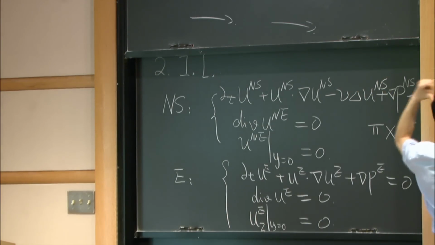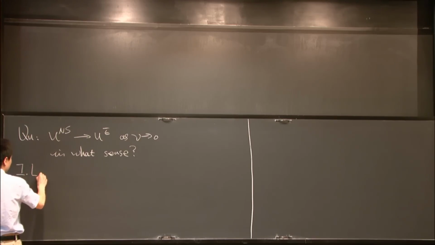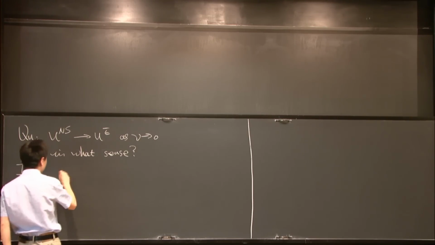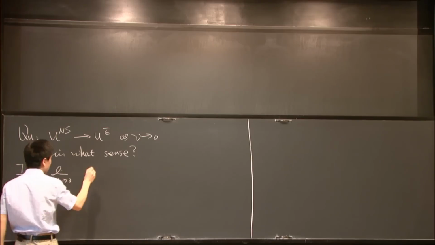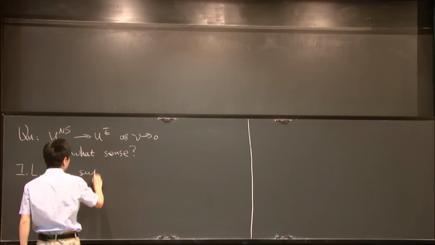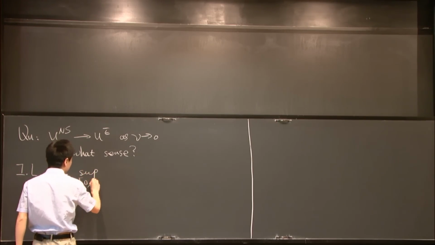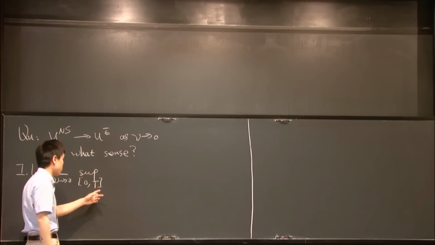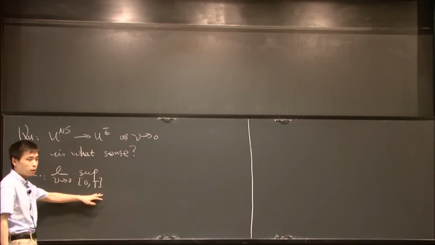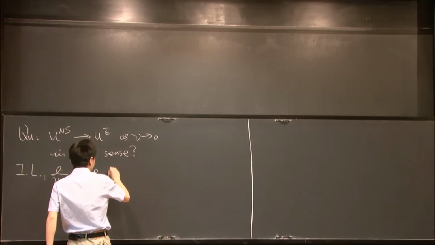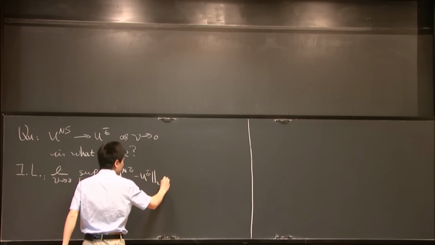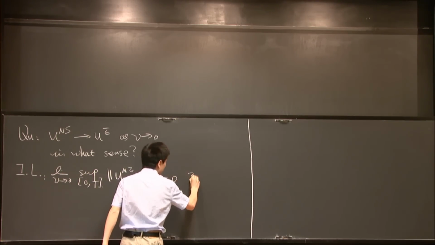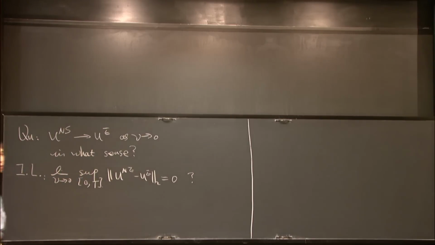So the inviscid limit problem is asking about this specific limit. As nu goes to 0, you take the supremum from 0 to capital T, where T is some positive constant, over this time interval, of the L2 norm of the Navier-Stokes solution minus the Euler solution. Is this limit equal to 0 or not?